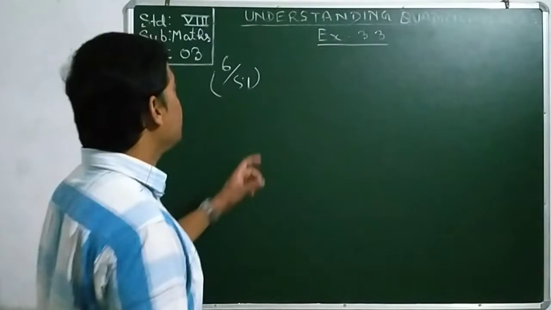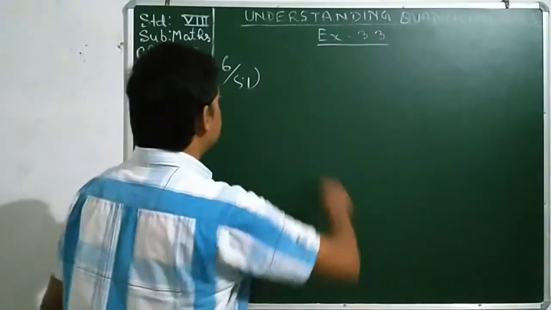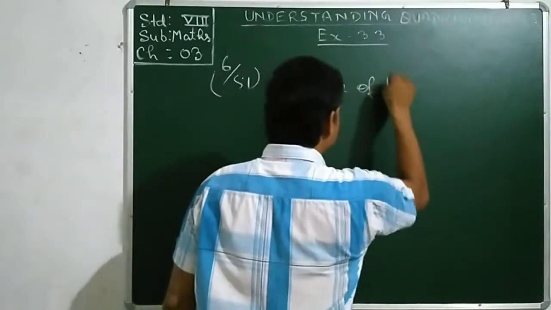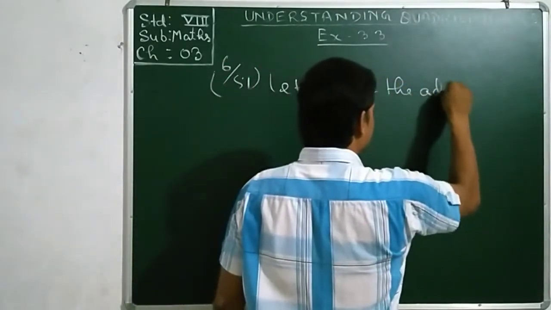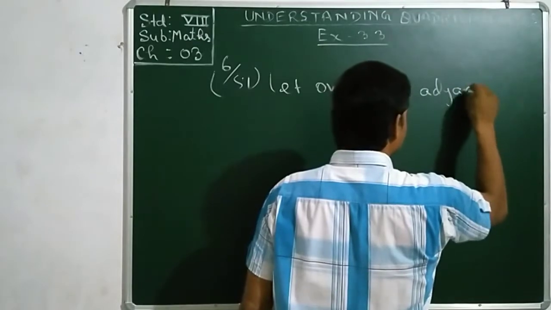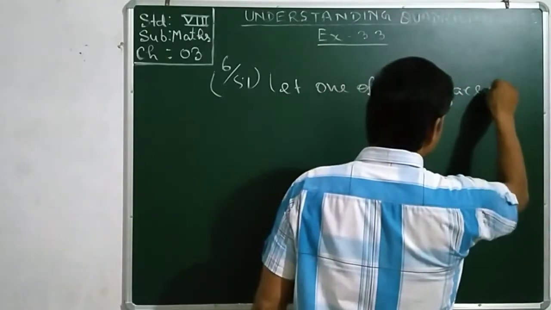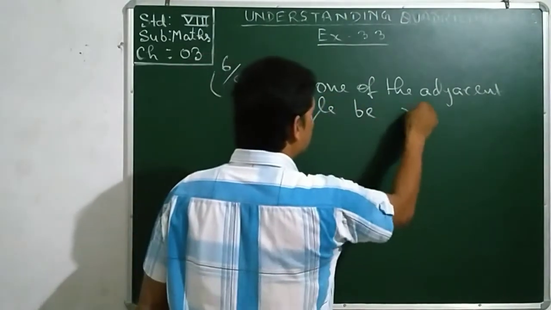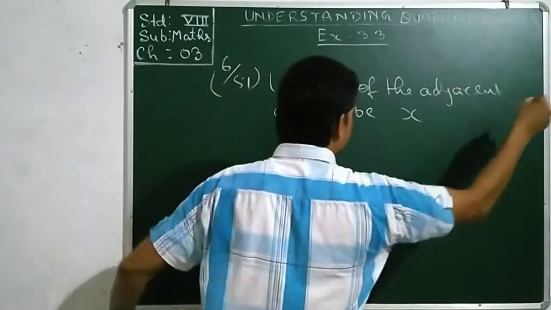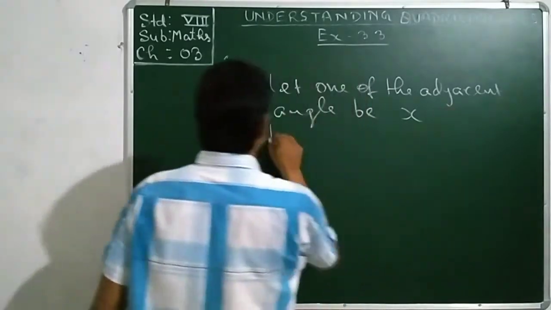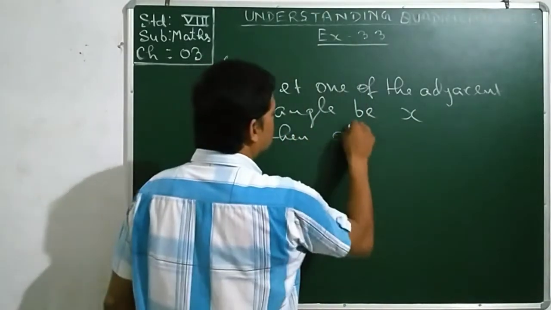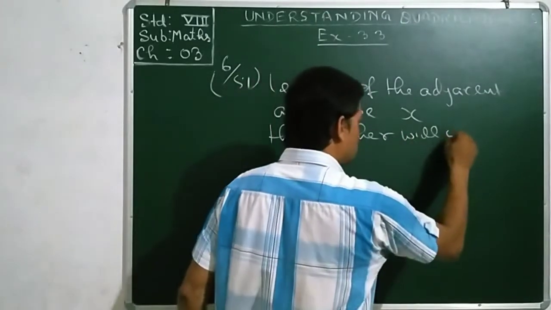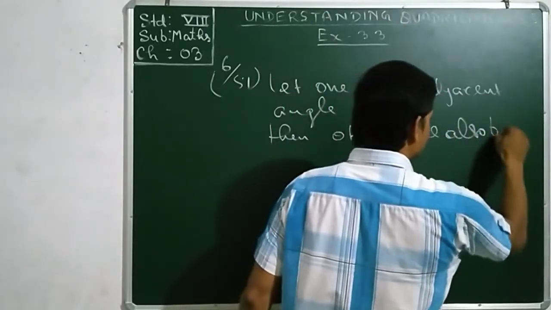When the adjacent angles have equal measures, consider let one of the adjacent angle be x, then other will also be x.